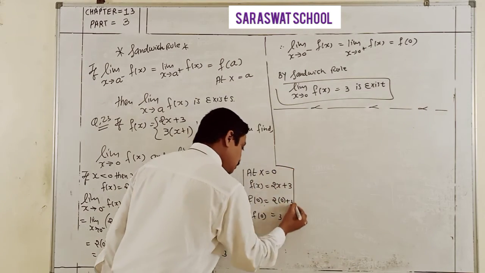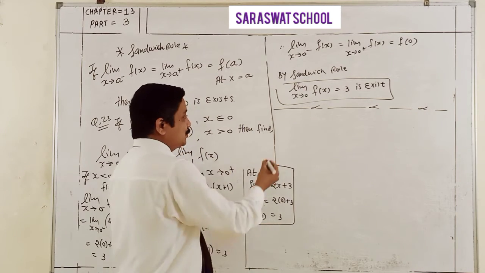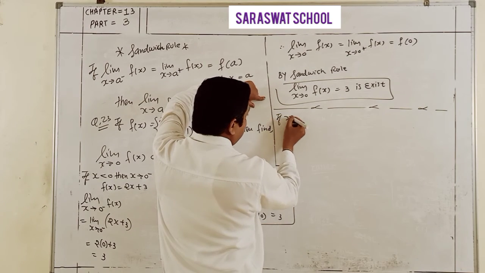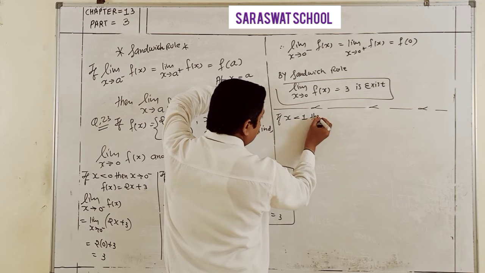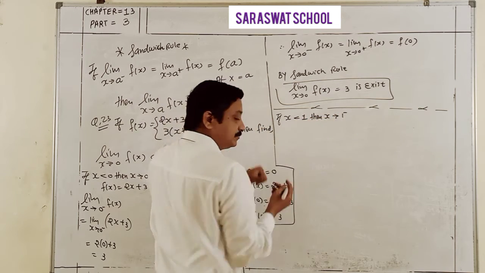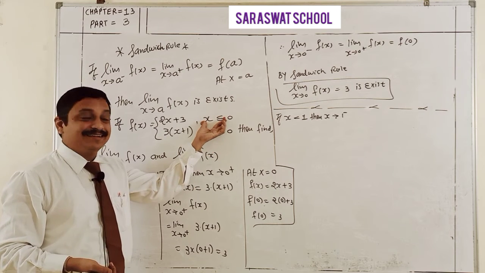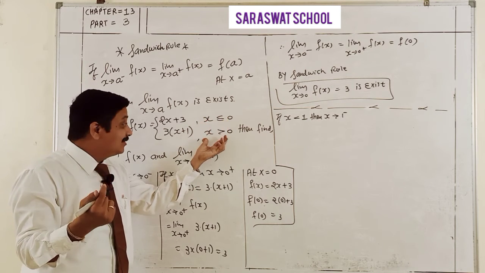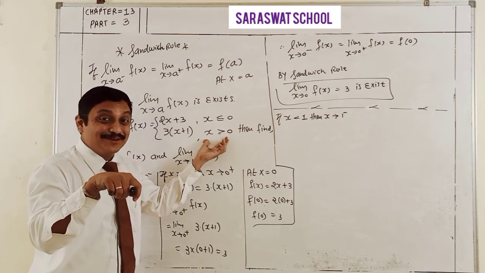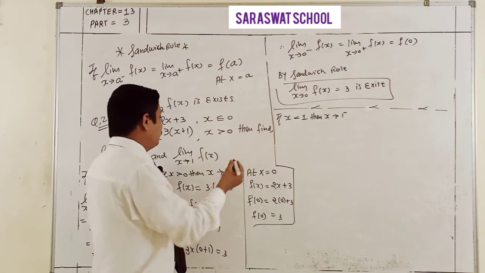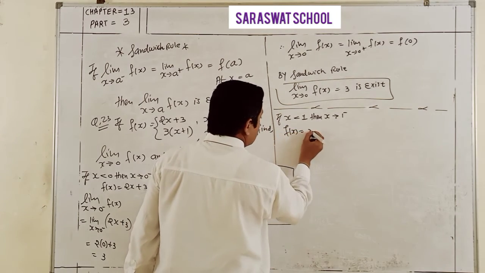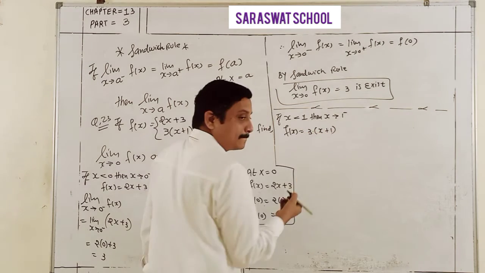Now I will start the second case. If x is less than 1, x tends to 1 negative. Check which function is for 1, less than this or that. This is below 0, that is more than 0. More than 0 means below 1. My f(x) is 3 times x plus 1.